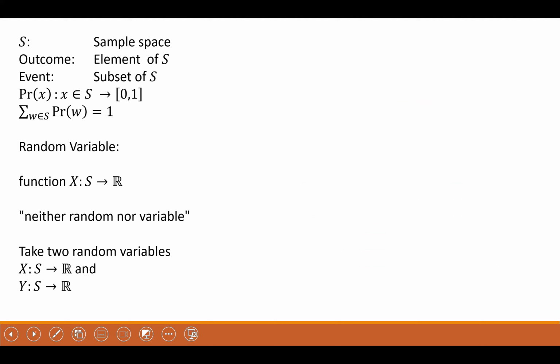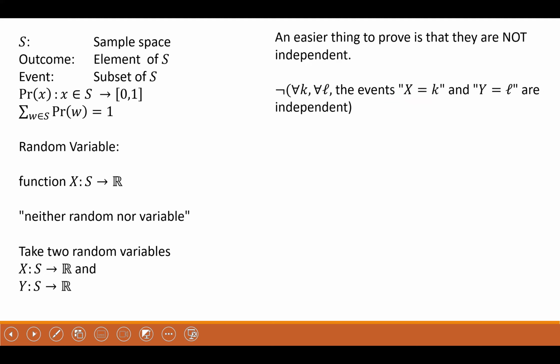So often if I ask you if two random variables are independent, there's going to be two possibilities. If they're independent, there's going to be a lot of symmetry and you'll be able to do all these equations really quickly. Or you're going to say, well, they're probably not independent, and I'm going to prove that.